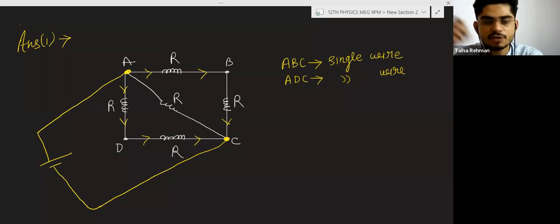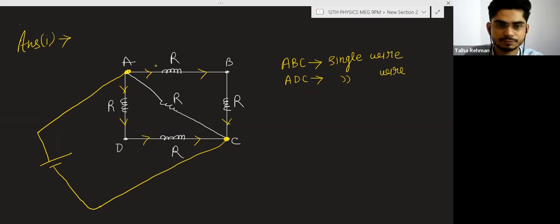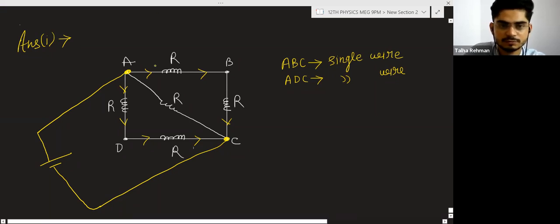Irrespective of the amount of current, if I am supposing this as resistance 1, you can take this resistance as 1, this as 2, this as 3, this as 4, this as 5.